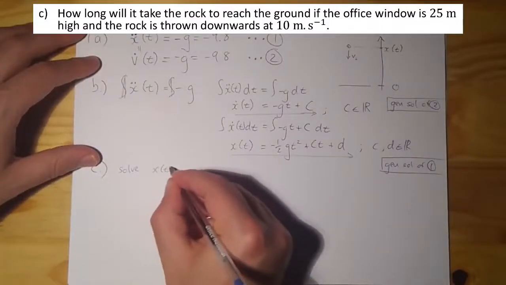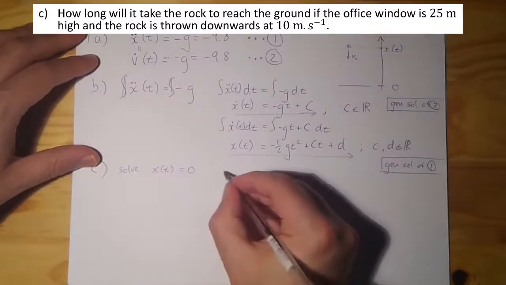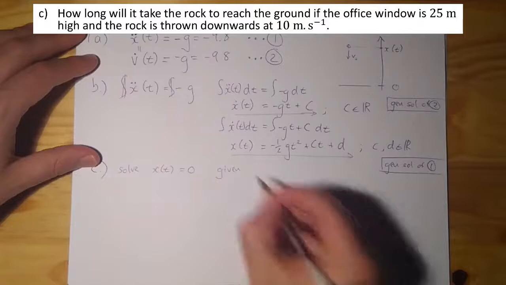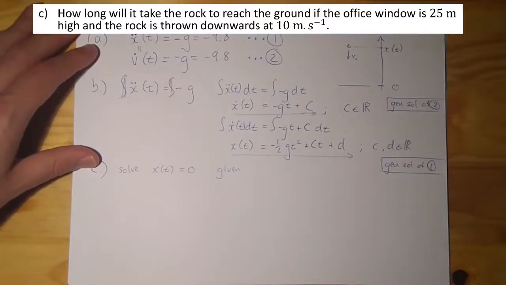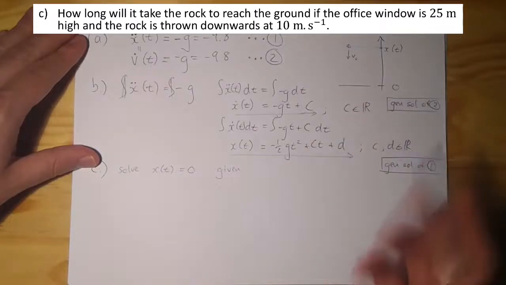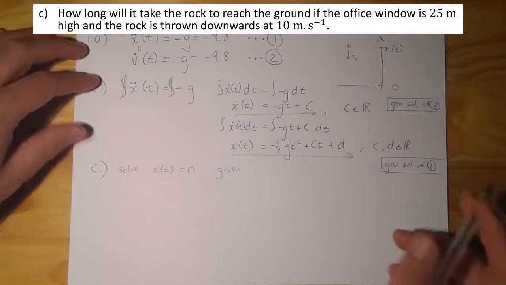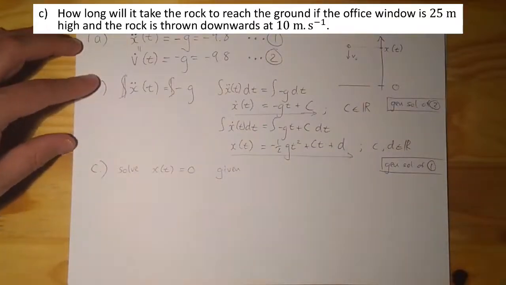for what value of t is this function 0, and we're given two things. We're given that initially, we say t equal to 0 is when we start looking. You could make it another t value if you really want, but you'd make life more difficult for yourself.